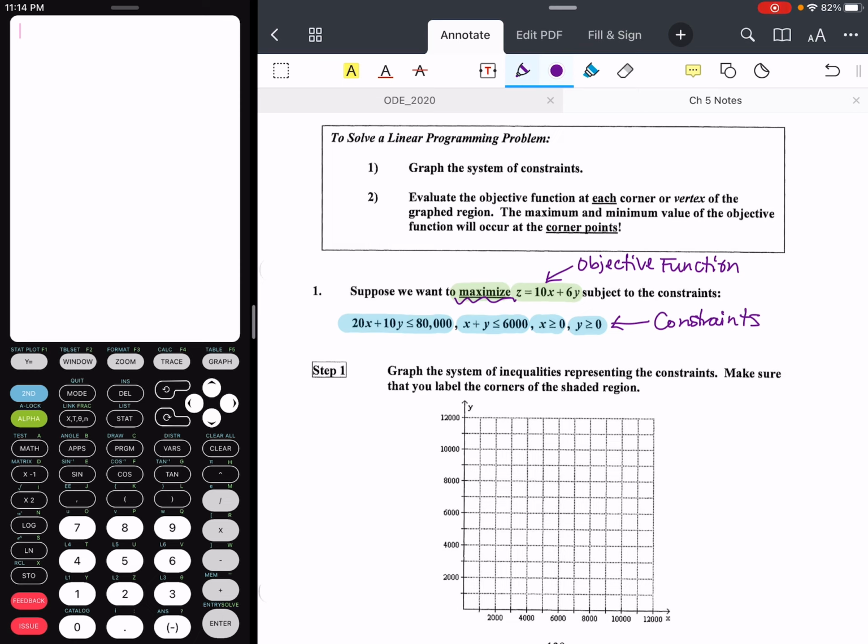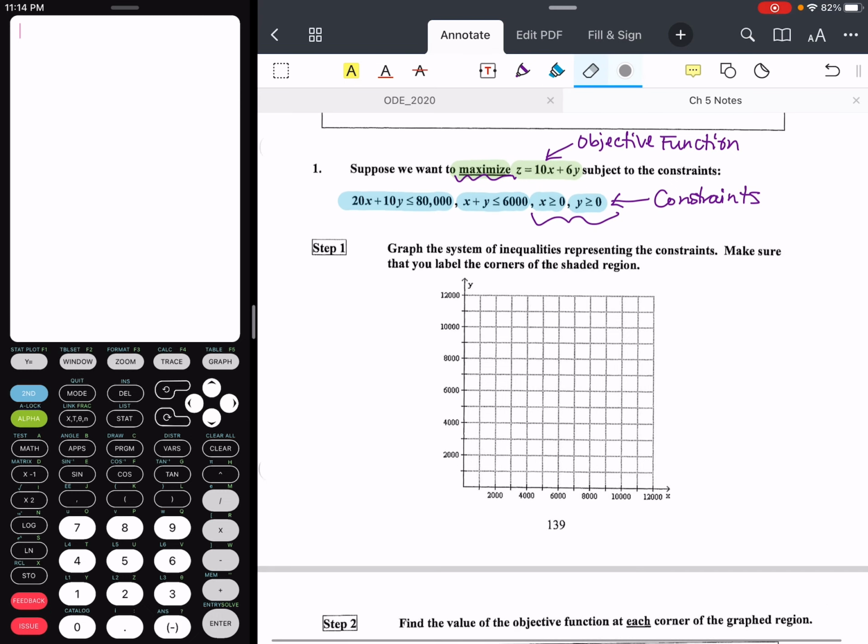All right, so I'm just going to solve all of these for y if they aren't already. And actually, before I do that, these guys are typical constraints, x greater than or equal to 0 and y greater than or equal to 0. So if I were to graph those, they're two solid lines, and at this point, it's just restricting us to this quadrant, right?